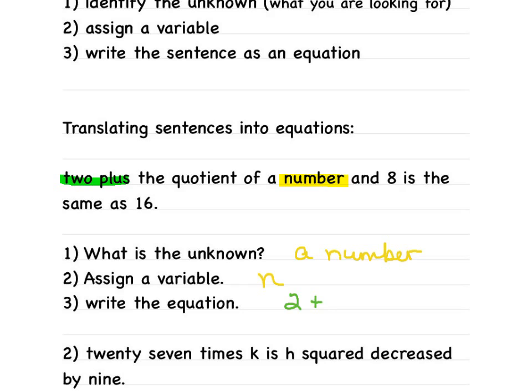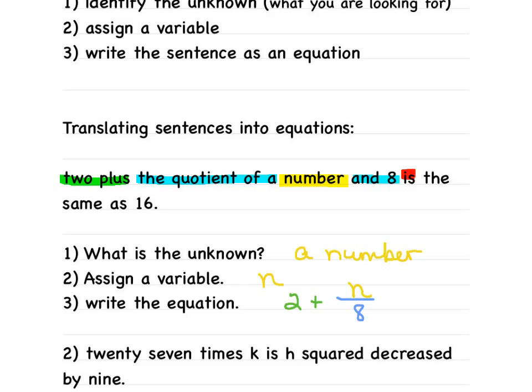The next part is 2 plus the quotient of a number and 8. Let's recall that quotient means the answer when you divide 2 numbers. What are we dividing? A number which we said was going to be n and the number 8. So so far we have 2 plus the quotient of a number and 8.